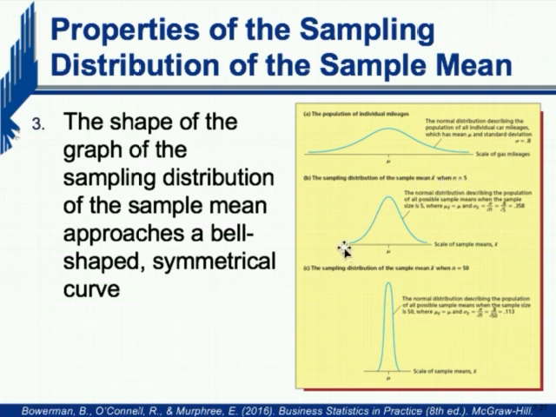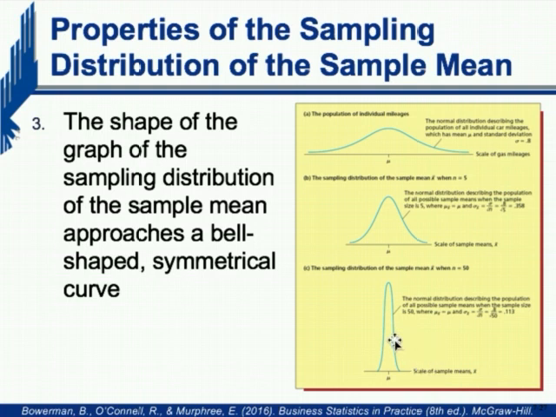So again, this doesn't show us all values of x, but all values of x bar. And this is specific to the possible sample means if the sample size is only 5. Now, if you compare that to another sampling distribution of the sample mean, if you have a bigger sample size, in this case that's n equal to 50, we can see that the shape of the graph is also different.